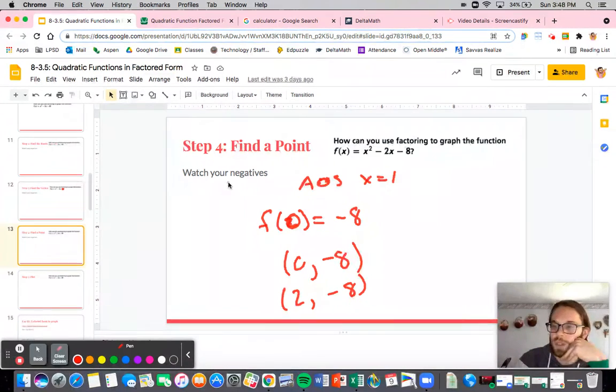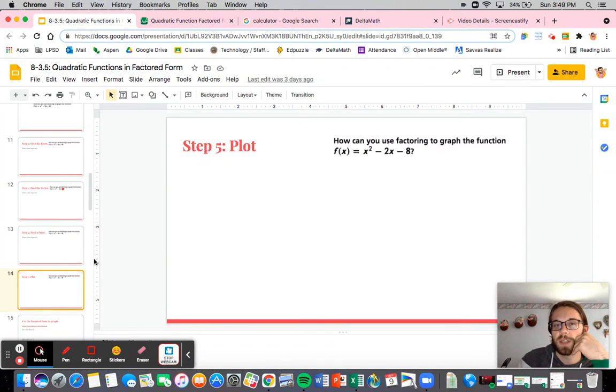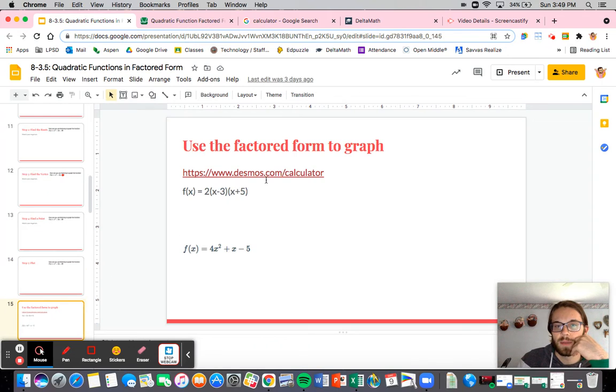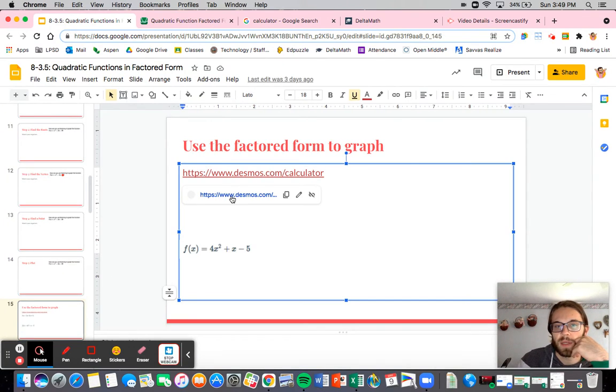All right, so just to recap, what have we found? We found the vertex, we have found the x-intercepts, and we did find an extra point just to kind of bring out the curve. So then what you're going to do is you're going to plot. So I'm just going to pull that up really quickly.